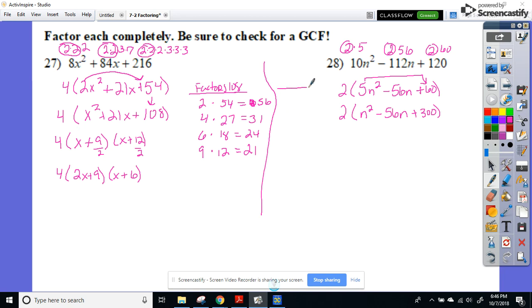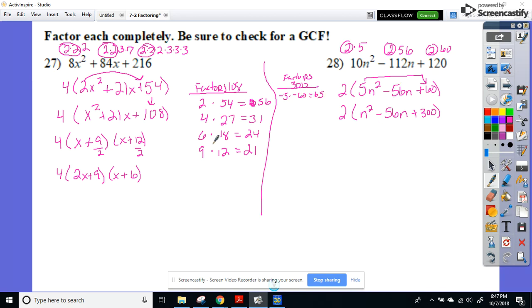Okay, so I need factors of a positive 300. Notice that this middle number is negative. That means these two numbers are going to have to be negative, because a negative times a negative gives me a positive, but they're going to combine together to give me a negative.